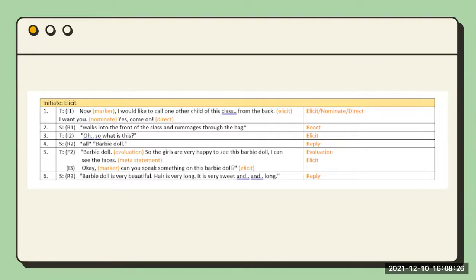And when the student picks out and shows the whole class the thing, the teacher, in number 3, says, "Oh, so what is this?" as an elicit, because she is trying to get some answers from the students. And then all of the students reply with "Barbie doll" as a reply. And then the teacher evaluates by repeating "Barbie doll."